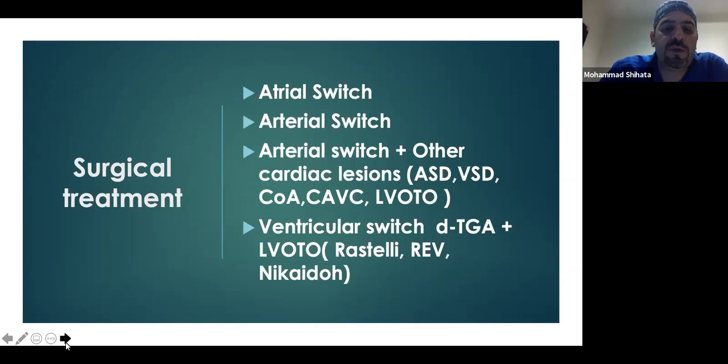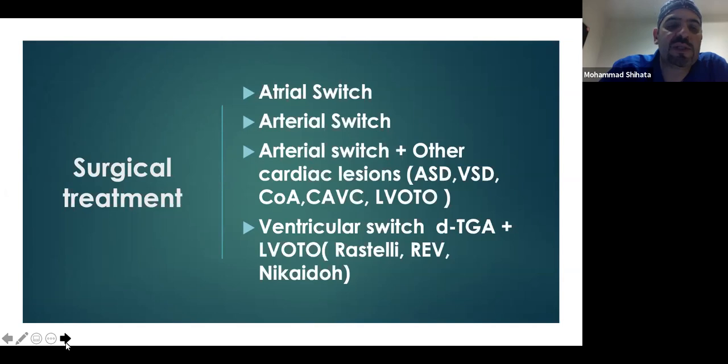Ventricular switch is a term used when you cannot use the systemic outflow tract. You cannot rehabilitate it or repair it in a way so that it can support the systemic circulation. Therefore, you have to divert that and let the VSD act as a systemic outflow tract. And there are different ways described to do this.